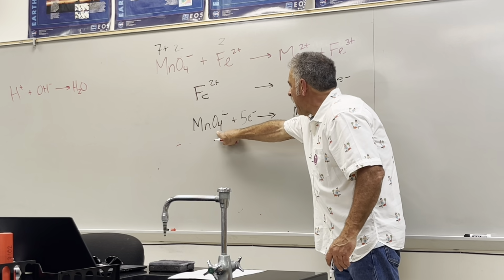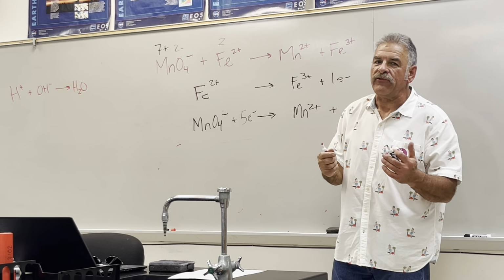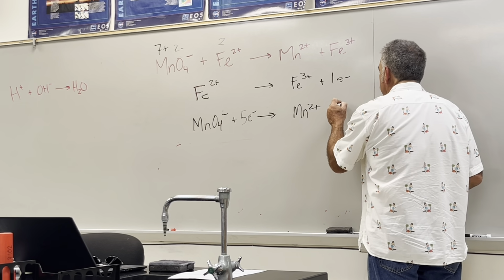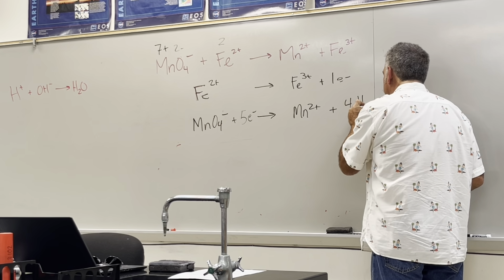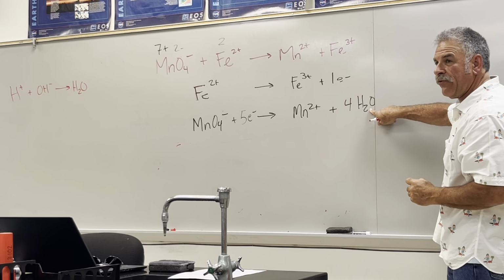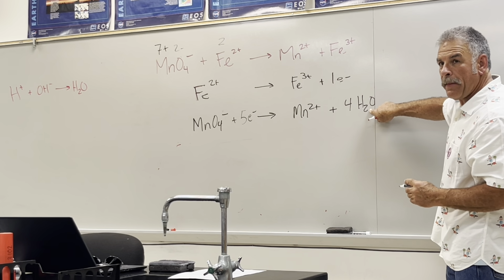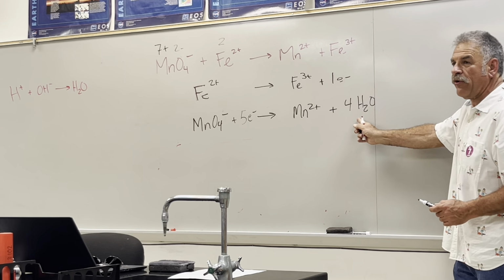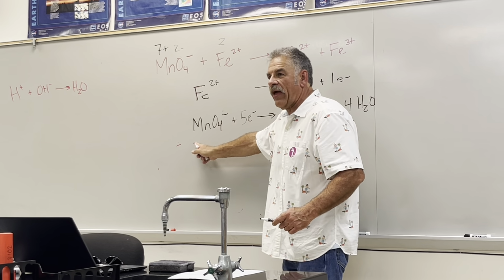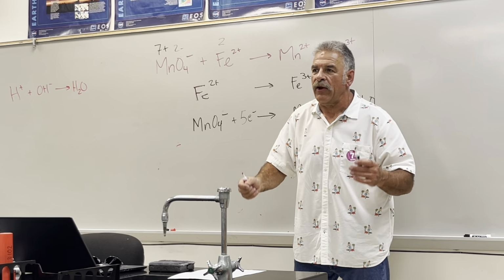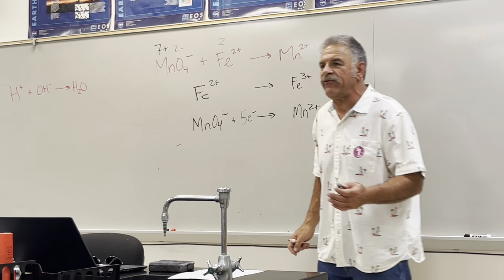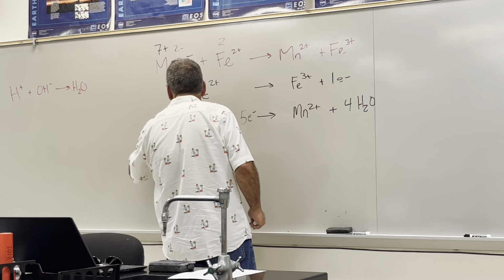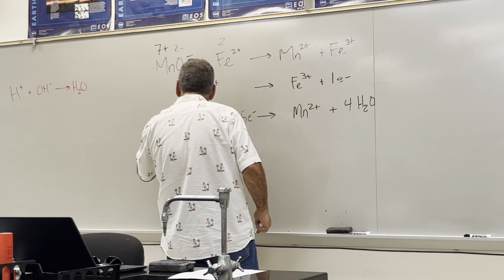That gets us there, but we have these oxygens. When we have oxygens, the only way to balance them is with water. So we add 4 H2O because there are 4 oxygens. But now we have hydrogen left over on this side that we don't have on that side. It's all about balancing. You don't want to just hop on one leg all the time unless you have to. So we balance it out and we put 8 H+. Okay?